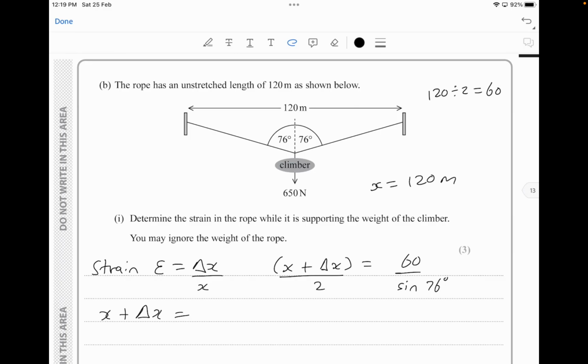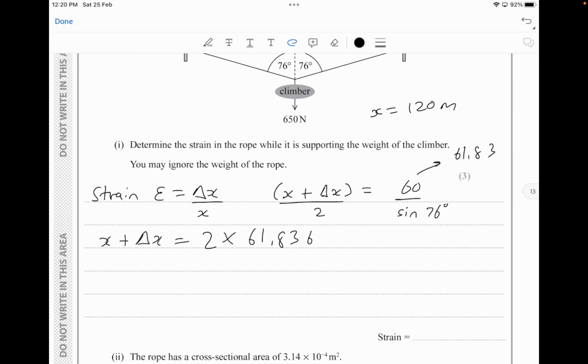I'm just going to round this off to a decimal quickly. That's going to give you roughly 61.83. So we're going to do 2 times 61.83, and x plus delta x, we know that x in this case is now 120.